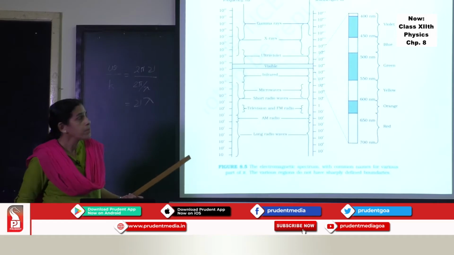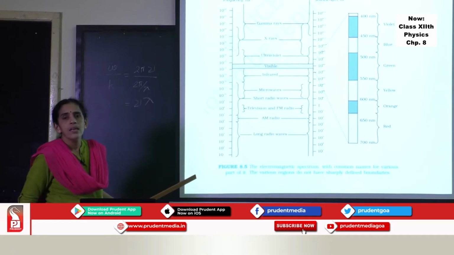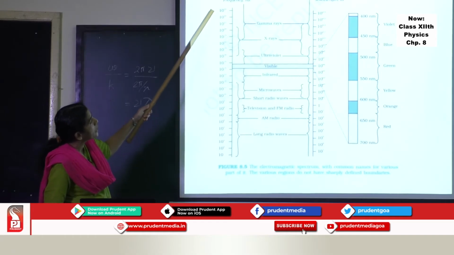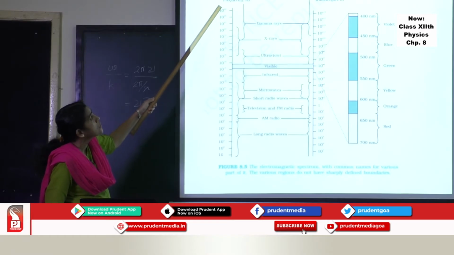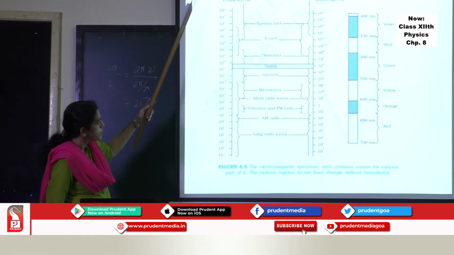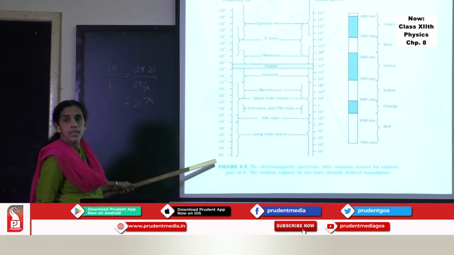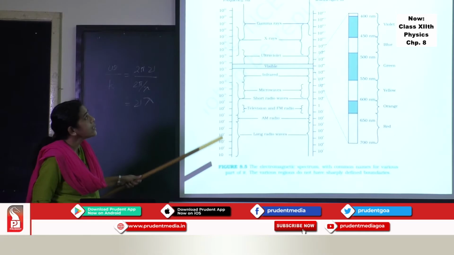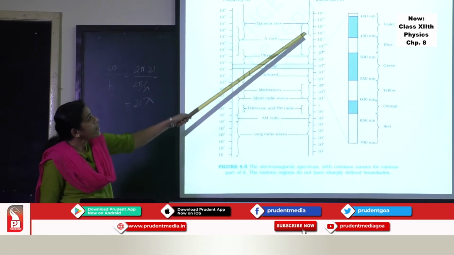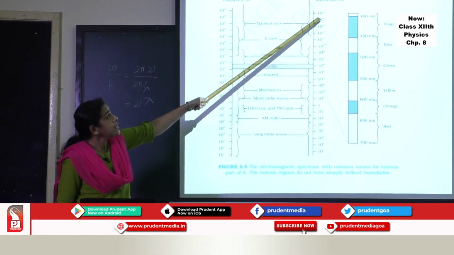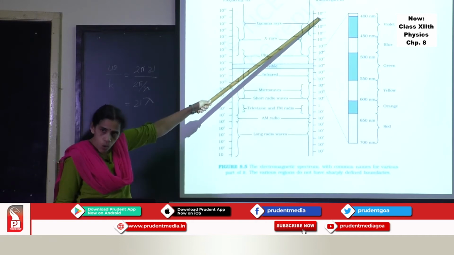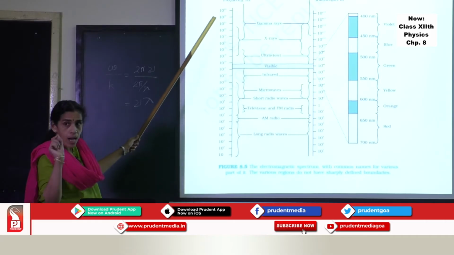Now, what you have to remember is, see the frequency. Here it is written, gamma rays are having frequency up to 10 raised to 23 hertz, and the lowest value is 10. Similarly, the wavelength of gamma rays is 10 raised to minus 14, very small. Wavelength smallest, frequency highest.